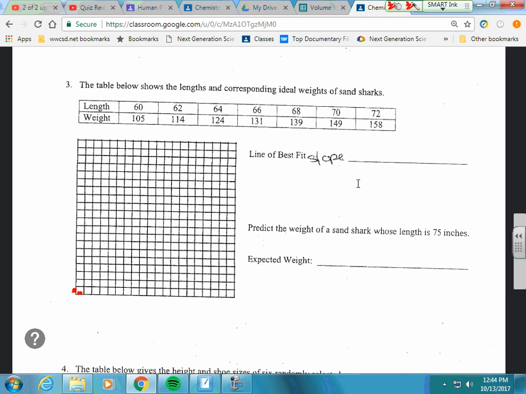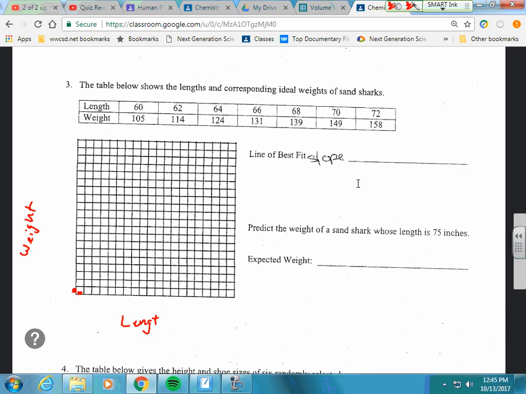Take a guess, somebody. Weight depends upon the length? Very good. I think I agree with that. Weight depends upon the length. So I'd put weight as the dependent variable on the y-axis and put length down here.